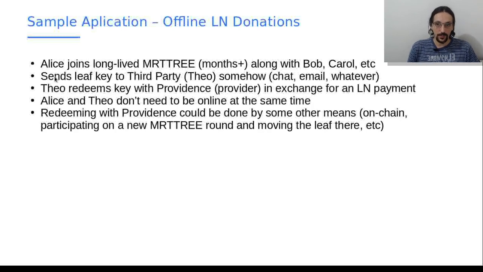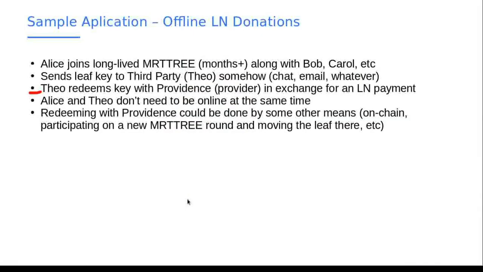So Alice builds out the Mr. Tree with a provider, sends a key to a third party, to Theo. Theo can then contact the provider and fetch the funds off-chain. And Alice doesn't need to be online for this step. So we can perform an offline lightning payment or an offline lightning donation by using the provider and using a Mr. Tree transaction.